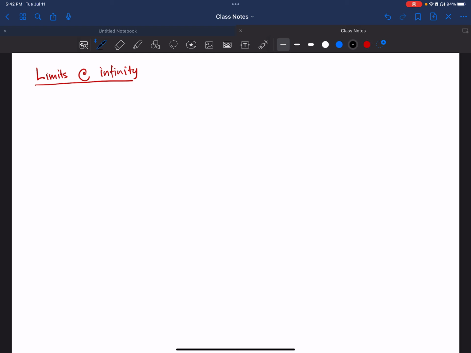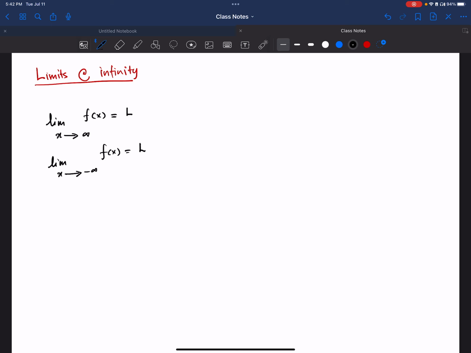So basically, what we're going to see is, for any function f(x), what happens when x goes to infinity. When x goes to infinity, f(x) could go to L, or when x goes to negative infinity, f(x) can go to L. L could be any number.